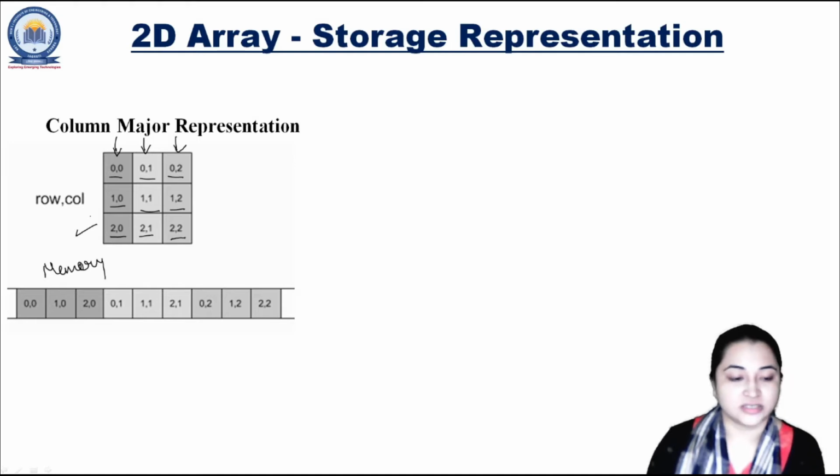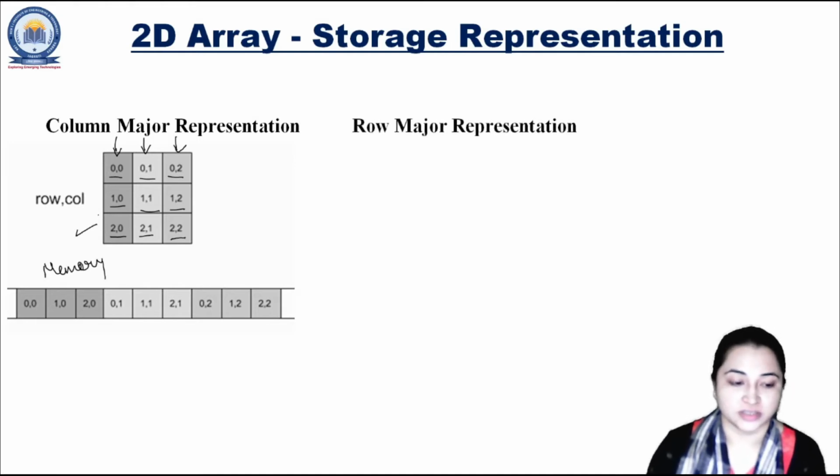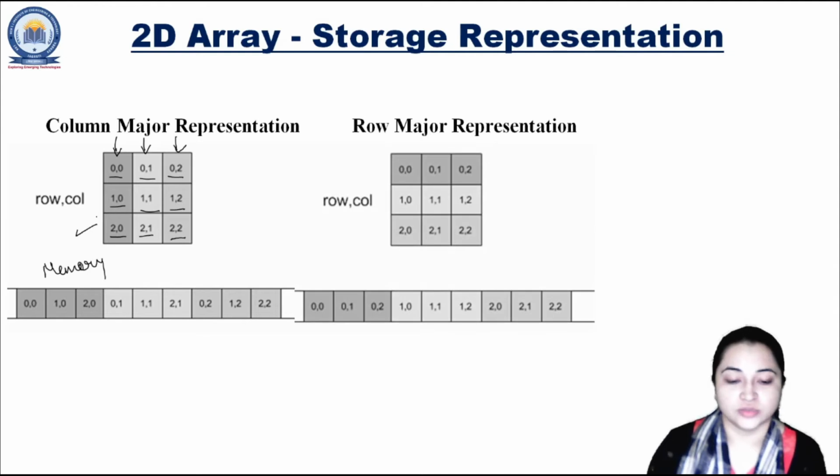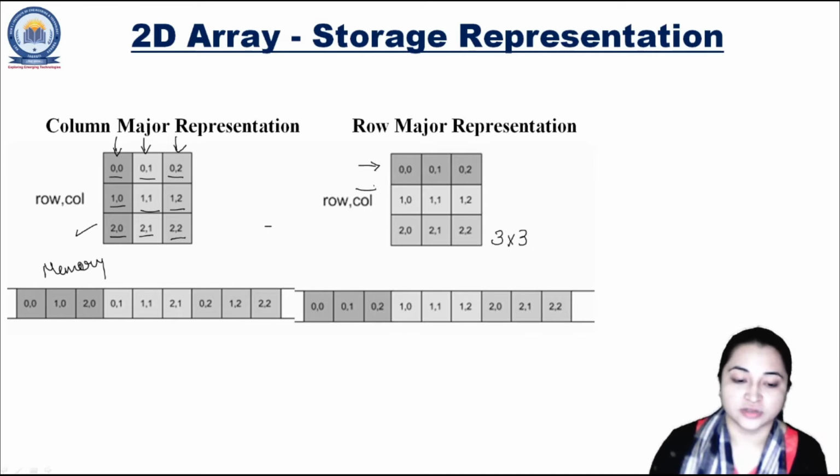Now let us talk about row major representation. If we have the same 2D matrix, that is a 3 cross 3 matrix, and we want to represent it in row major representation, then elements will be stored in memory in row wise order. First of all, the element at index 0,0 will be stored, then the element at 0,1, then 0,2, 1,0, 1,1, 1,2, 2,0, 2,1 and 2,2.